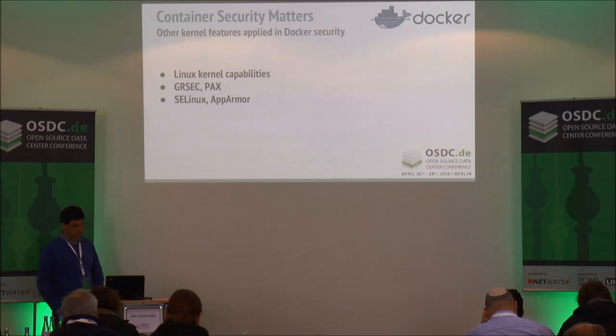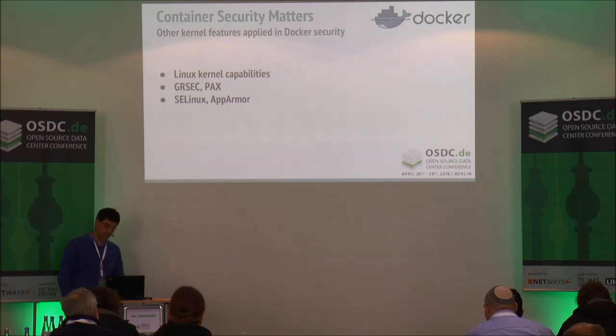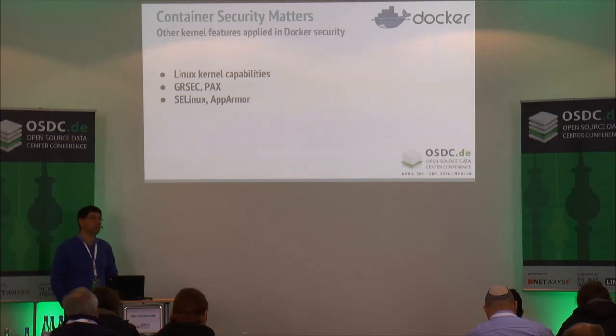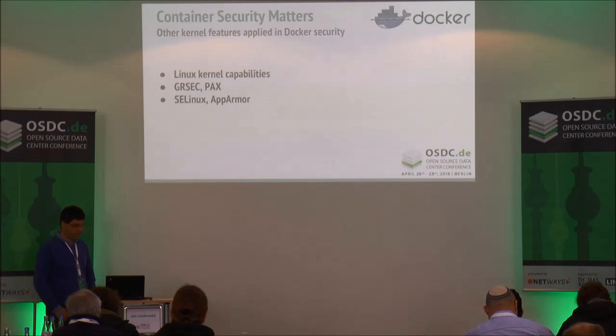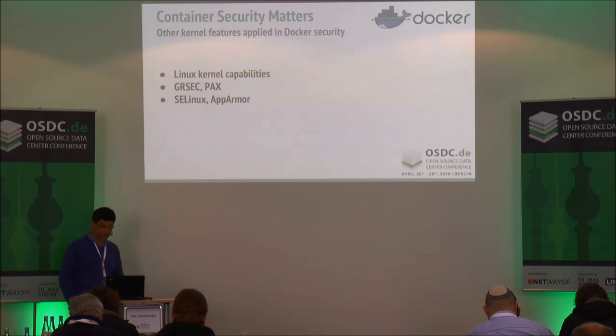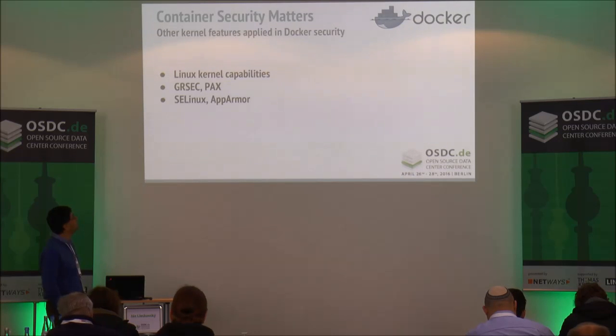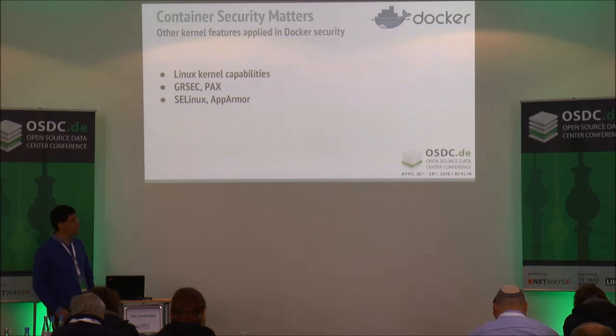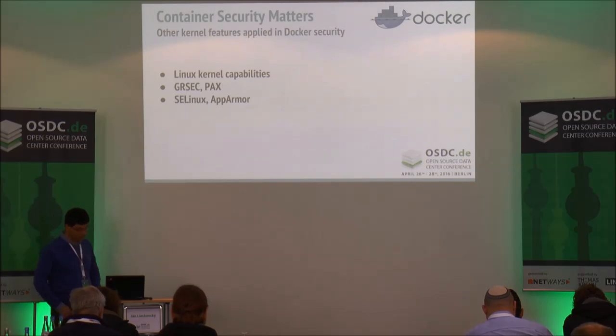Linux kernel capabilities provide more fine-grained distinction to be able to specify more items, to reach better distinction of the rules. There are also concepts like hardened kernel and mechanisms like SELinux and AppArmor.